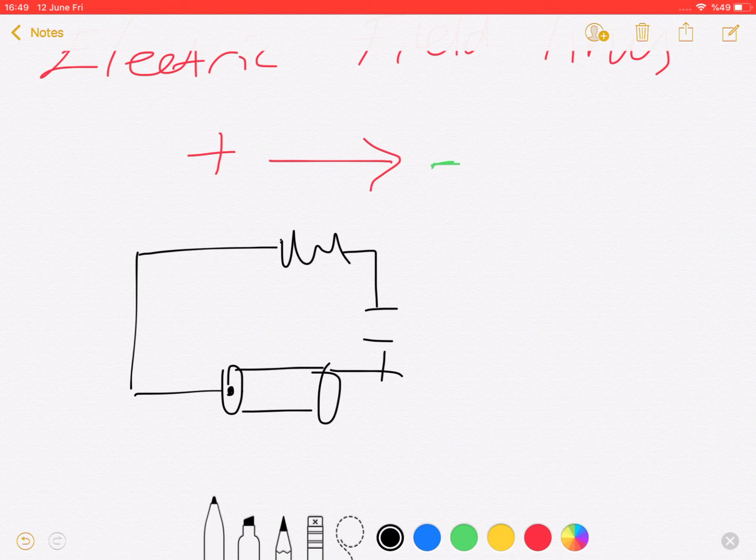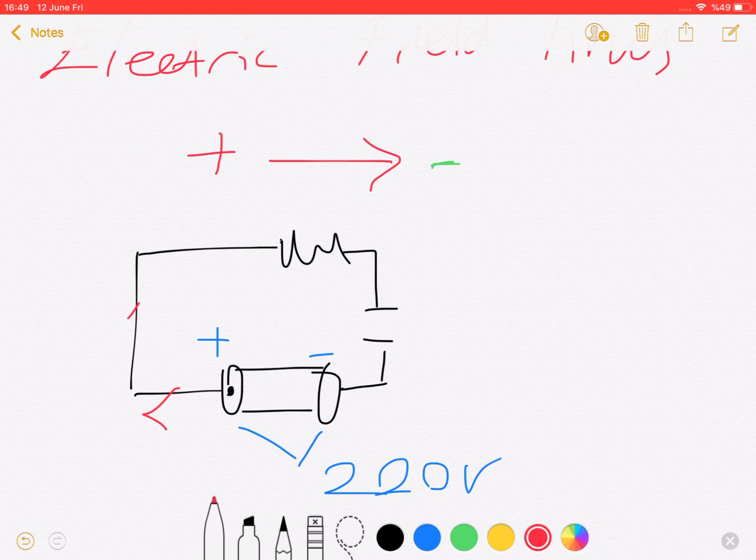But what makes it so special? I'll tell you, that's the potential difference. 220 volt. There's a plus, there's a minus, and current flows from here to here. So the battery is so important because it has a potential difference.